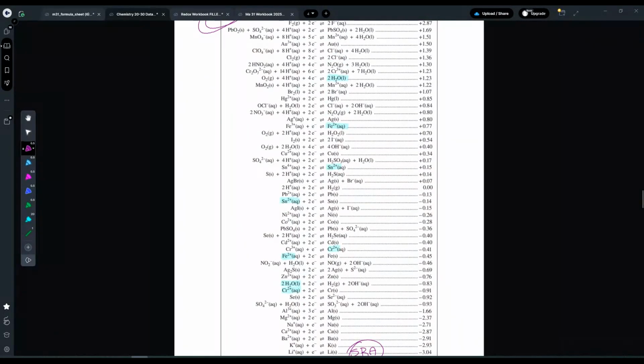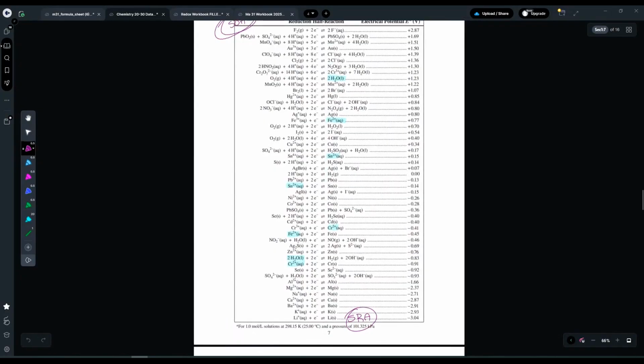Okay, so I've highlighted the ones that show up as both oxidizing agents and reducing agents. Most of them have 2+ charges, or they're neutral.